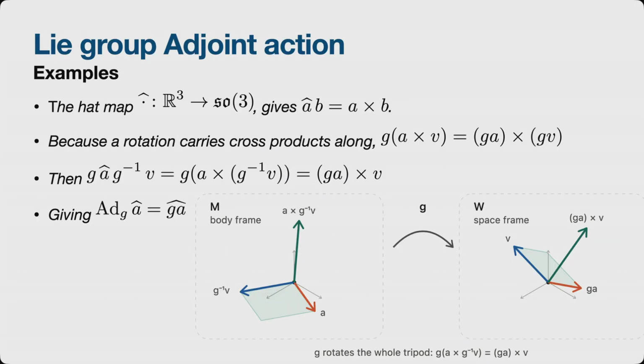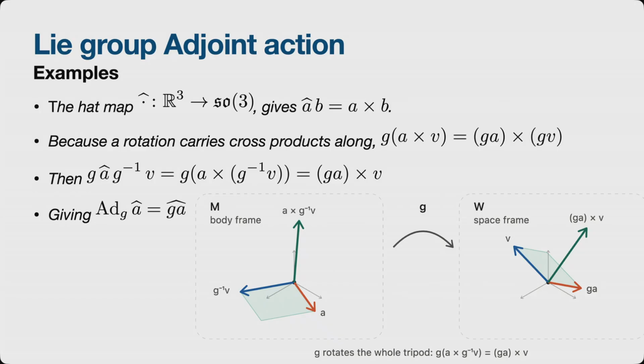To see this, let's do an example. There's this hat map that we're going to need to talk about the matrices. It takes a vector in R3 and turns it into a skew-symmetric matrix. The way you can think about it is that every infinitesimal rotation can be given by an axis of rotation, and that's all you need.